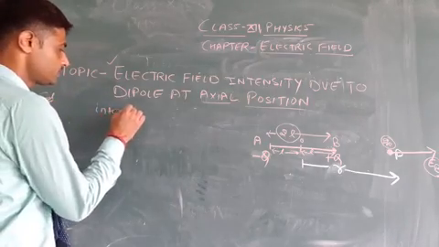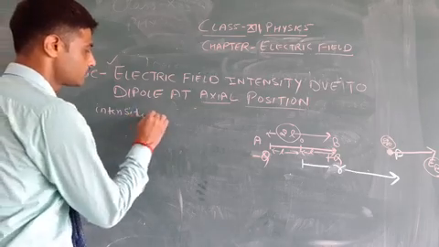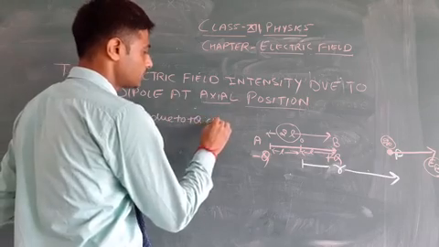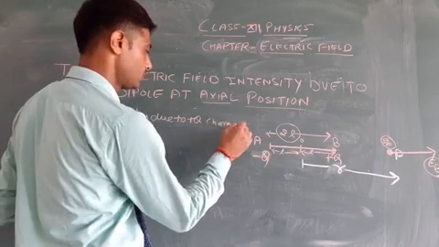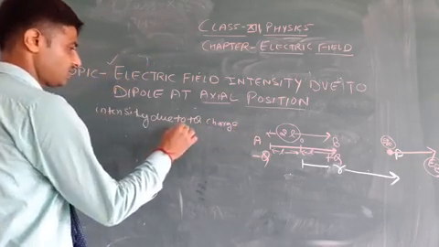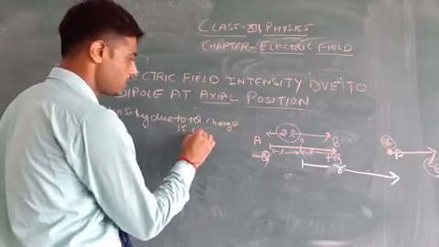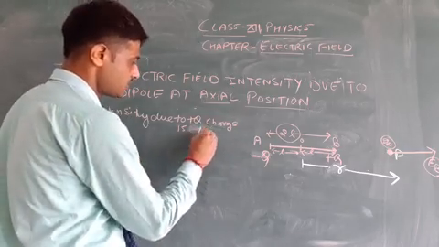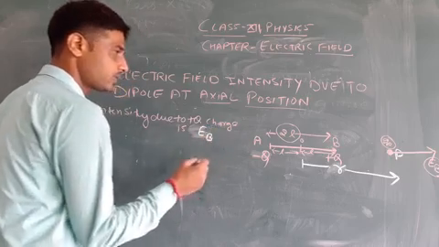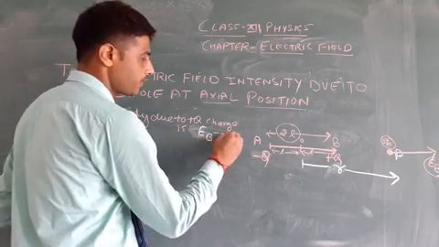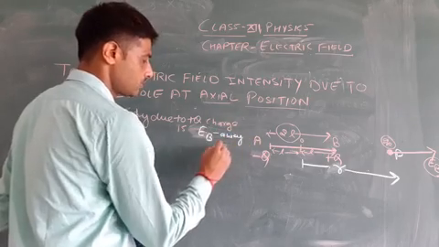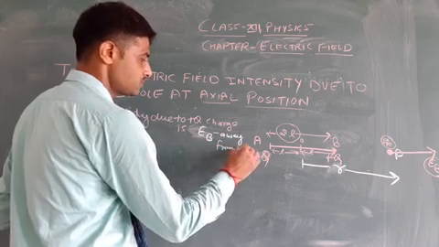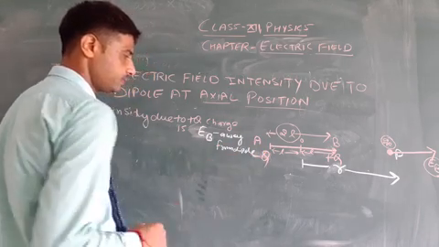Intensity due to plus Q charge is EB, away from the dipole. It is the direction.